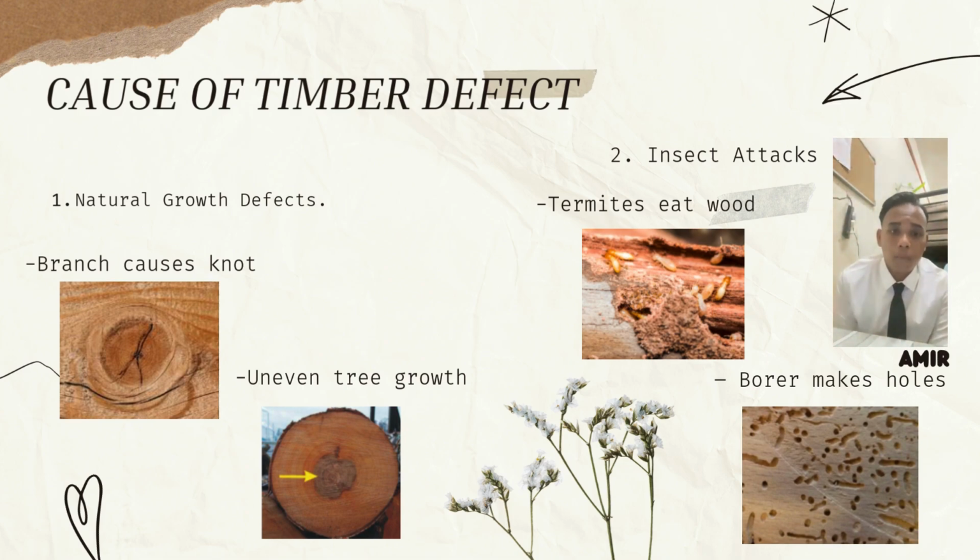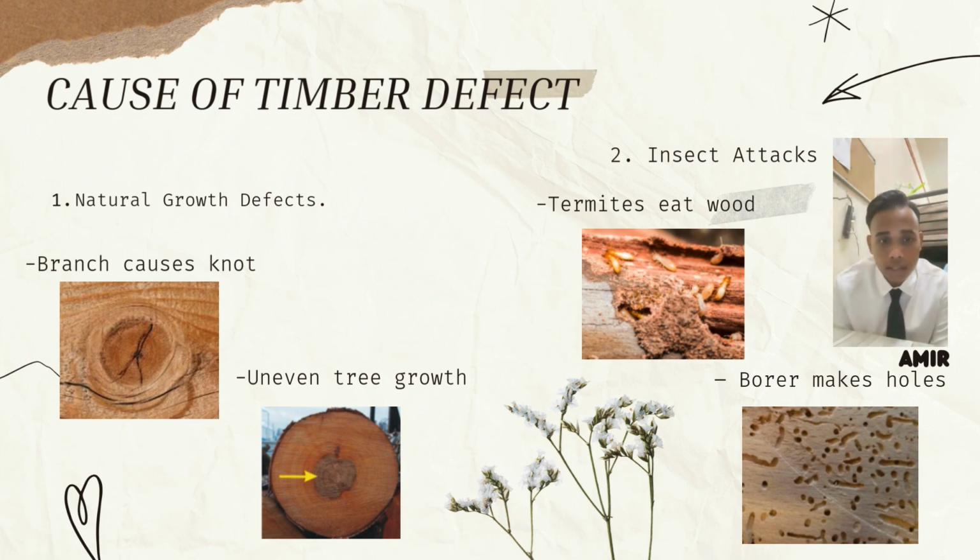Moving on, the second cause is insect attacks. One of the most common insects that damage wood is the termite. As shown in the picture, termites eat the inner parts of the wood, making it hollow and weak.